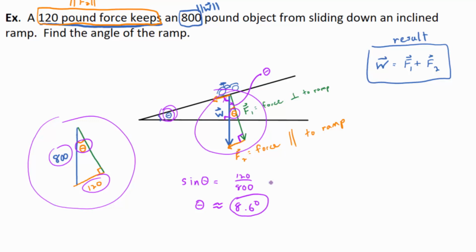Now, here's the good news. Anytime you get a problem like this, you might be given theta in other problems, and you might be looking for F1, the force perpendicular to the ramp, or F2, the force parallel to the ramp. But it all goes back to drawing that triangle and using SOHCAHTOA, okay? So these problems, if you can draw that triangle, now I'm going to force you to draw this picture, of course.